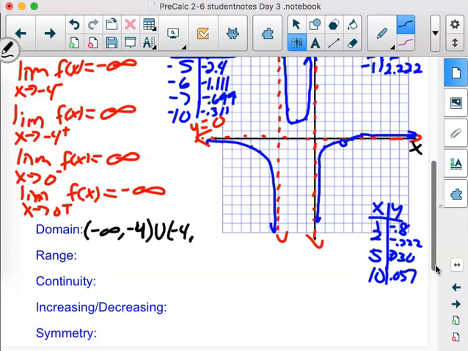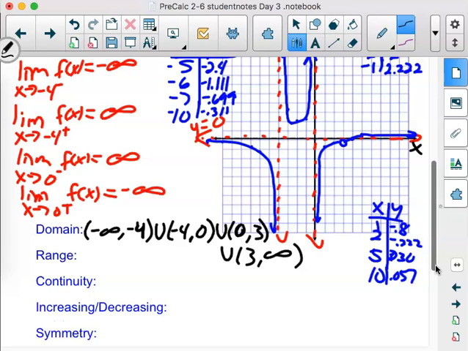And we go from -4 to 0, and we've got another vertical asymptote. And then we're not done, because at 3 we're going to have another issue, because there's a hole there. So our domain in this one has lots of little parts to it.